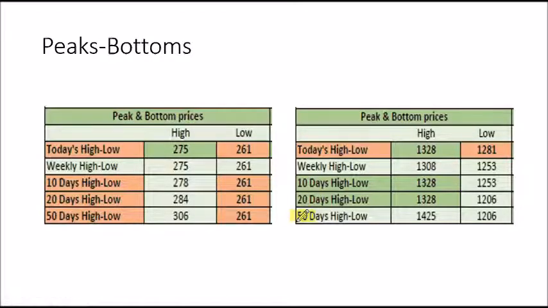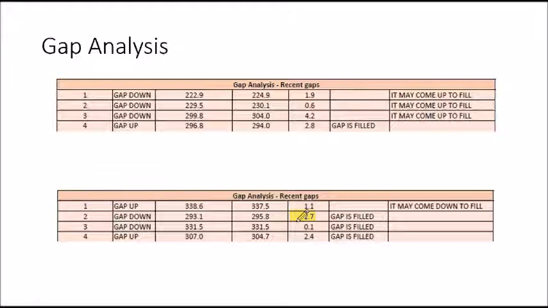Likewise. Okay. So gaps. What are gaps? Gaps are nothing but when the stock opens gap up or gap down, and the gap remains there. Now this gap theory says that whenever such gaps are left, they are sooner or later filled by the stock.